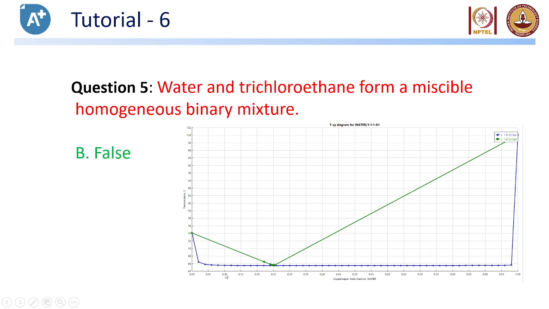So it's essentially L1, L2. In this region you have V plus L1, and in this region you have V plus L2. So you have four different regions: VL1, VL2, L1, L2. This is how you read the TXY diagram for a heterogeneous mixture. Depending on the region, your phase will exist.